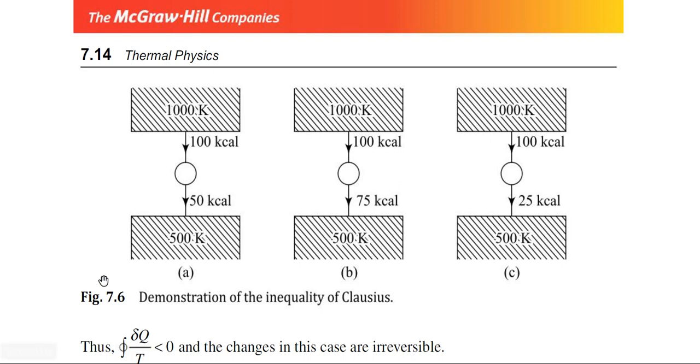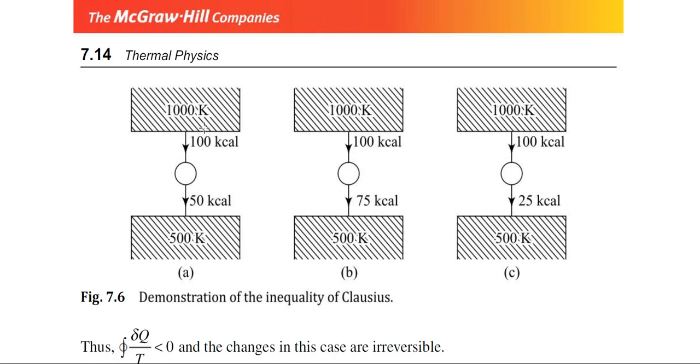At first we are considering this particular system. Here the source temperature is 1000 Kelvin and the sink temperature is 500 Kelvin. This is a system, and the 100 kilocalorie is Q1. We have already seen in the earlier lecture that when an engine acts between two heat reservoirs, T1 is the temperature of the hot reservoir and Q1 heat is taken by the system, and T2 is the temperature of the cold reservoir and Q2 heat is rejected into it.